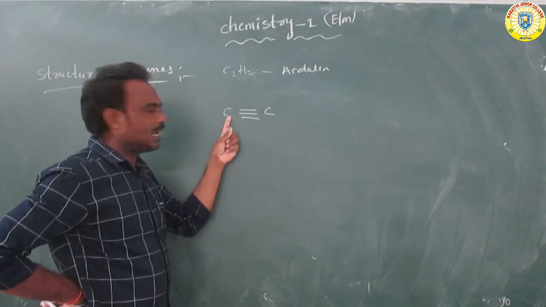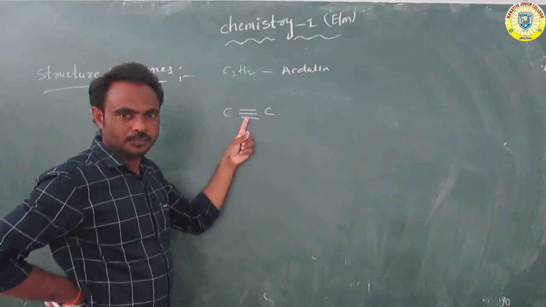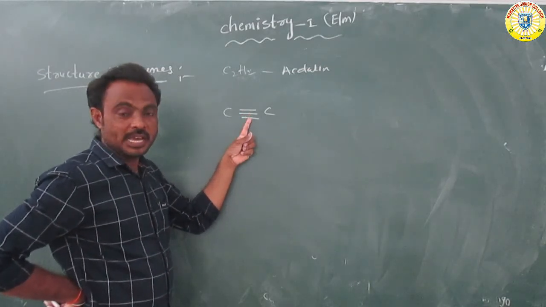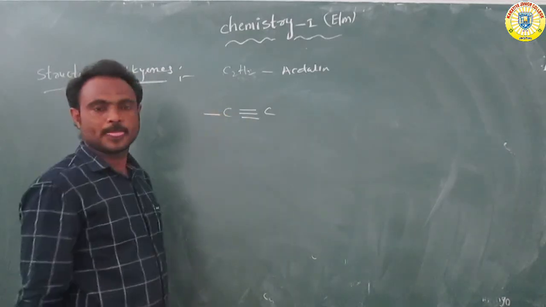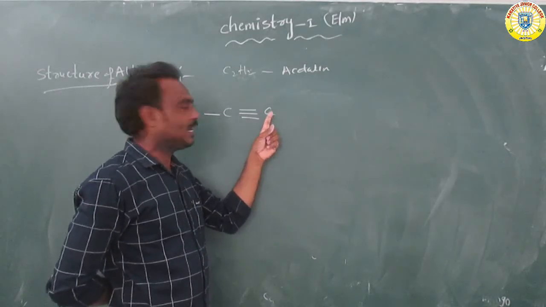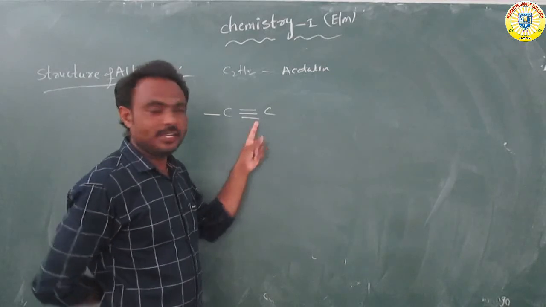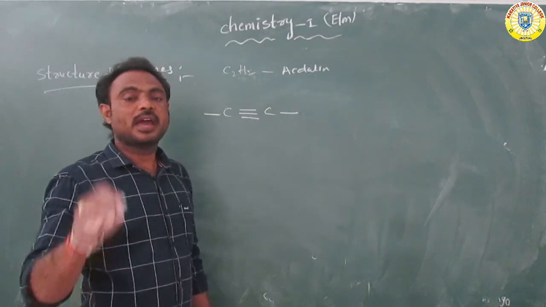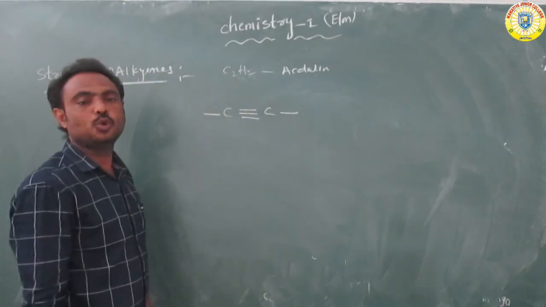Suppose we take this carbon. It has 1, 2, 3, three bonds, remaining 1. This other carbon also has 1, 2, 3, remaining 1 bond. Now we arrange the hydrogens. How many hydrogens? 2 hydrogens.